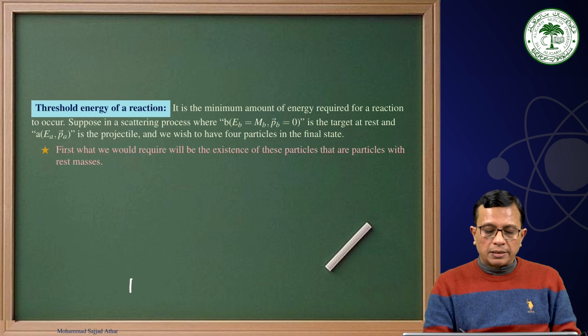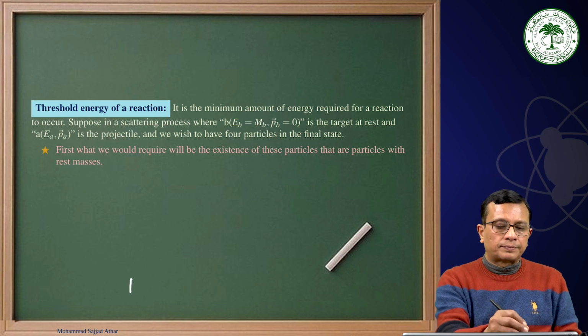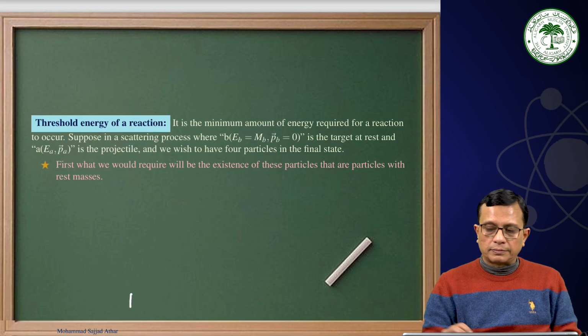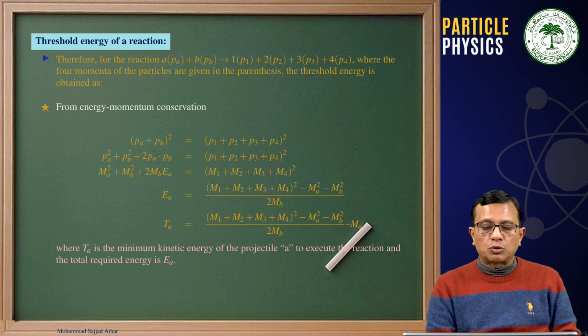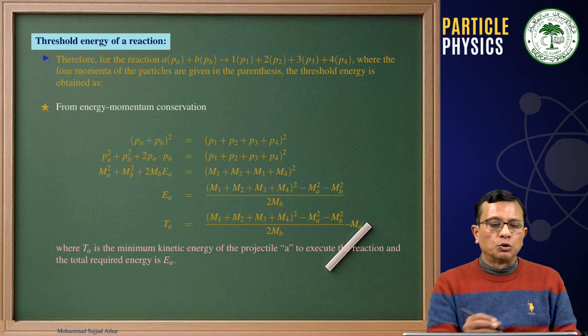Similarly, I can take another example. Say I have 1 plus 2 plus 3 plus 4 in the final state. Then my (PA plus PB) whole square will be (P1 plus P2 plus P3 plus P4) square, and that means TA will be equal to this much. It is the same as what we did for two particles.